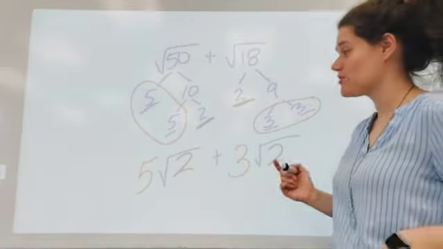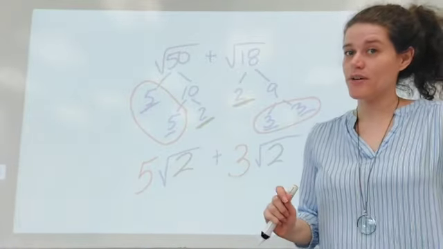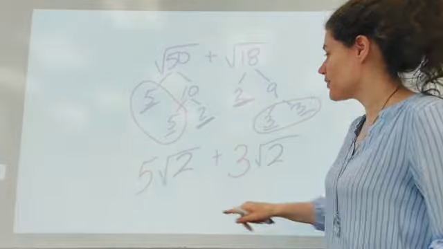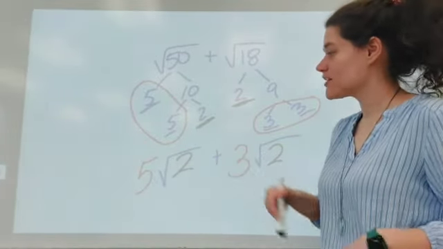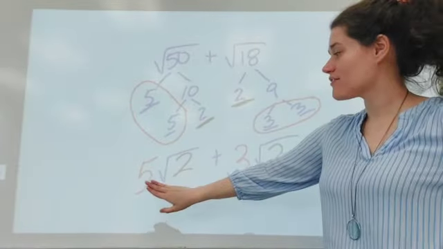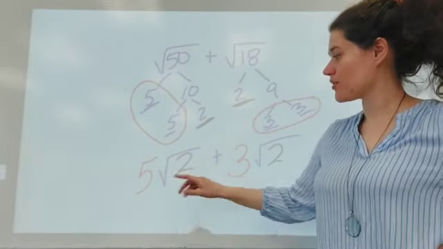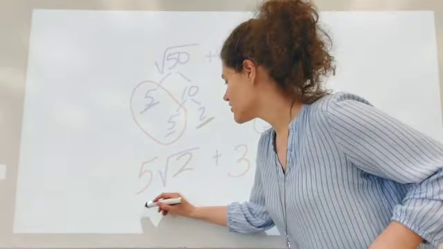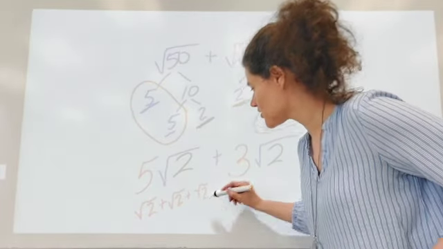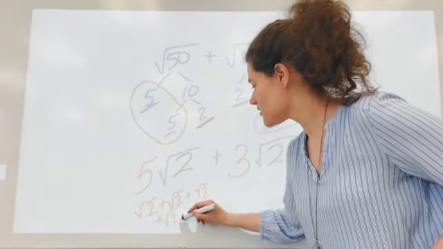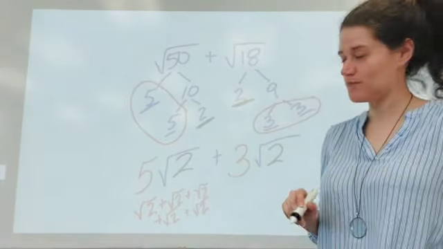So the way that I would do that is actually similar to what we did with adding and subtracting fractions, where the 5 and the 3 would get added together. Because what this is saying is that I have 5 square roots of 2. So like this is square root of 2 plus square root of 2 plus square root of 2 plus square root of 2 plus square root of 2, right? 5 square roots of 2.